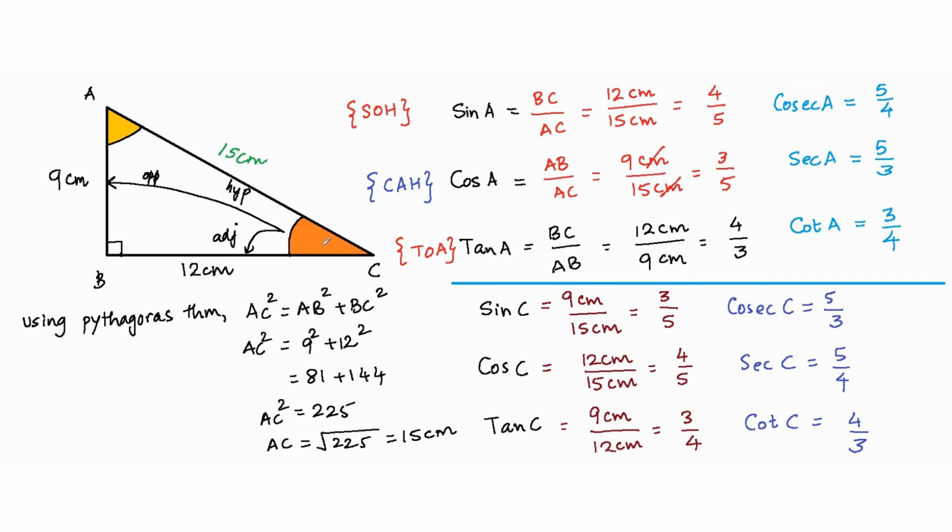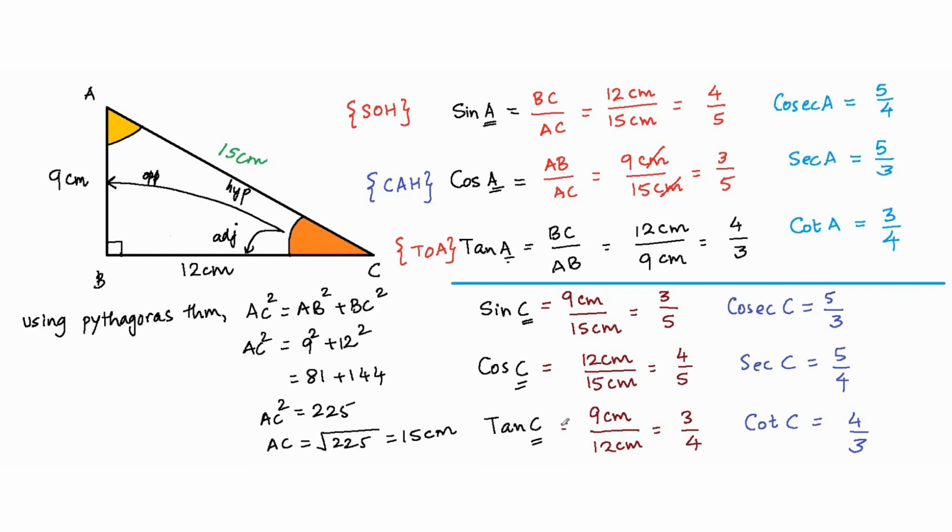When you notice a triangle given to you, you should first understand which is your angle of reference. Trigonometric ratios exist for a certain angle. So in the first case, angle A was the reference. In the second case, angle C was the reference.